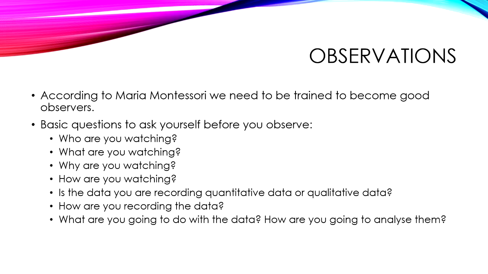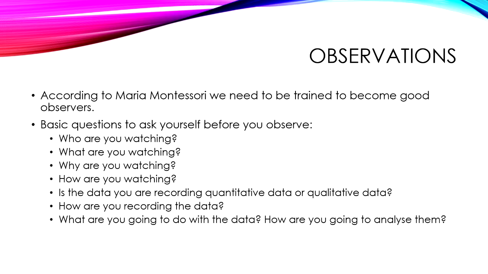Now, according to Maria Montessori of the Montessori schooling system, we need to be trained to become good observers. That is, we are not just naturally good at observing, we need to be shown how to do it properly. The basic questions you need to ask yourself before you observe, and these are outlined further in your learning guide, is: who are you watching? What are you watching? Why are you watching?